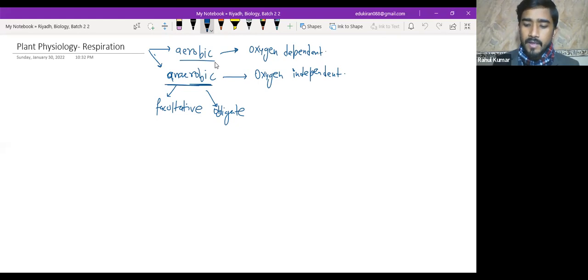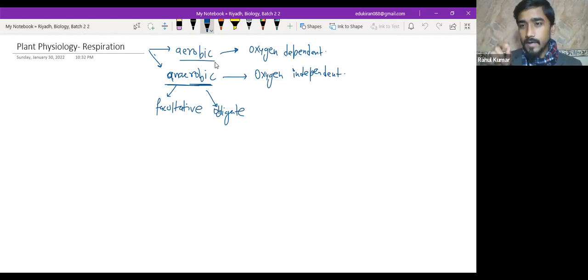So what do we mean by anaerobic? There should be no effect of oxygen at all. Earlier in AIIMS, when it had its own entrance exam, there would be an assertion and a reason, and you had to tell whether the reason was correct for that assertion.